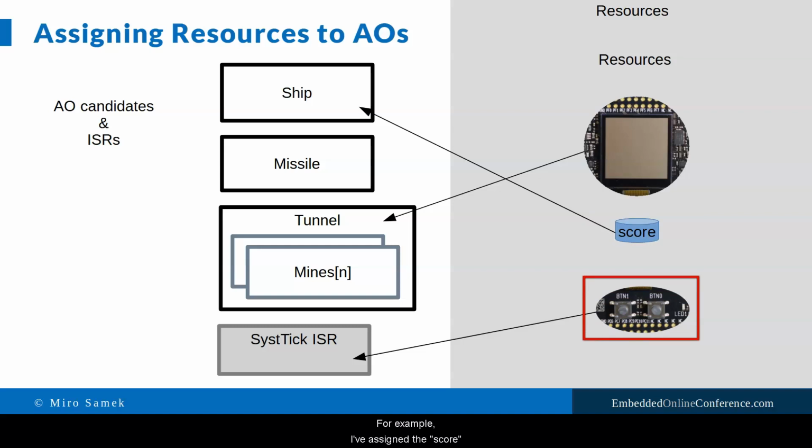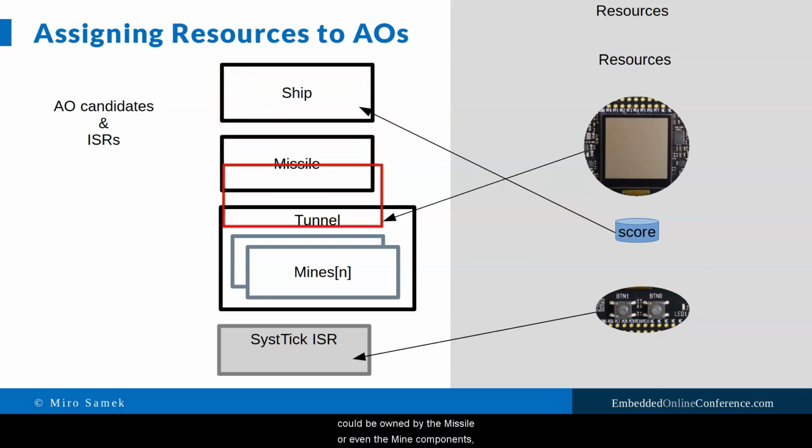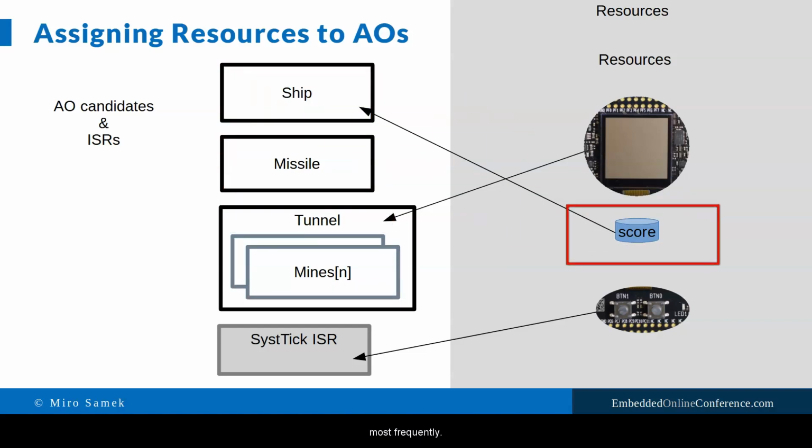For example, I've assigned the score resource to the ship component, but you might consider other options. For instance, score could be owned by the missile or even by the mine components, because the missile will need to keep score when it destroys something, and mines need to keep score for being destroyed. But then you remember that the score needs to increase also for survival of the ship, and this increments the score most frequently.